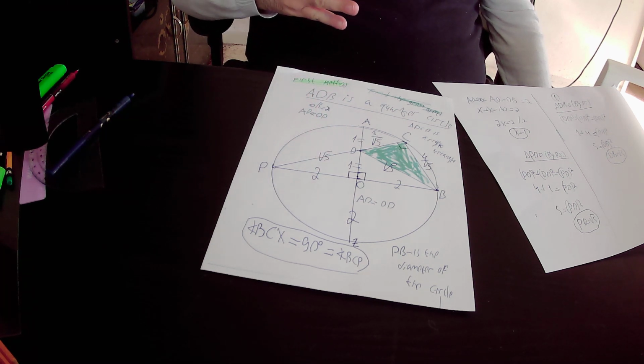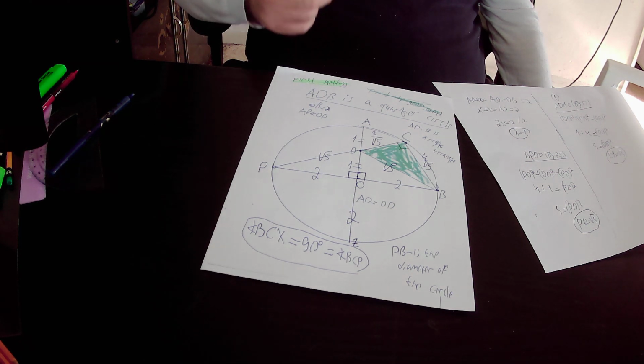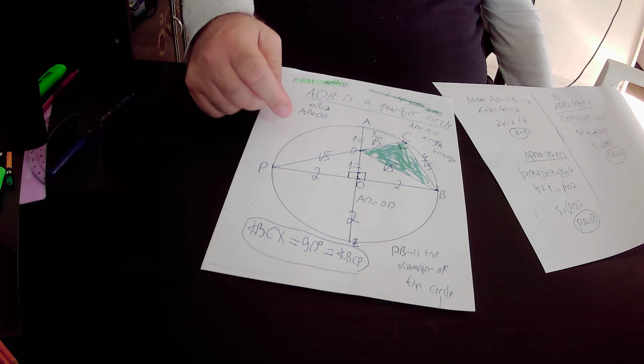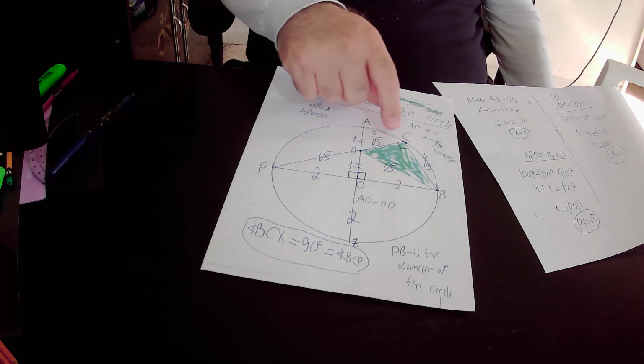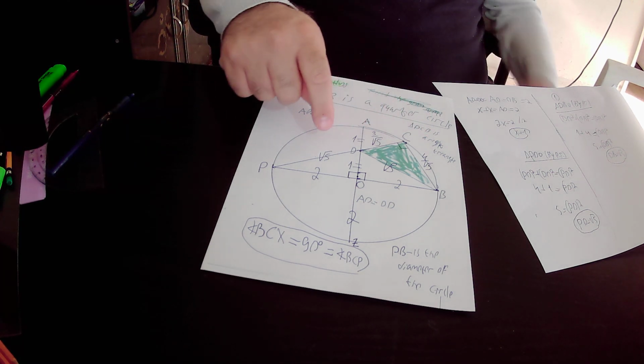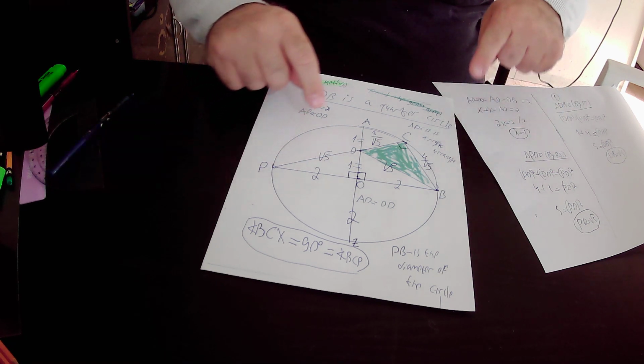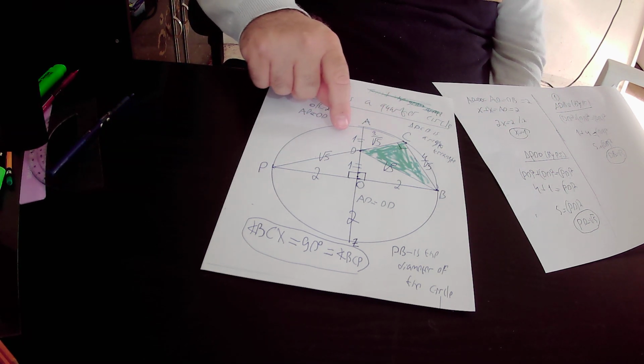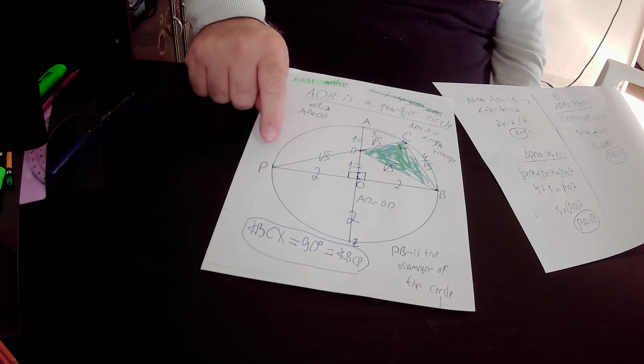But we have the rule that any peripheral angle that equals 90 degrees must rest on the diameter of the circle. That is to say, peripheral angle BCX that equals 90 degrees must rest on PB. That is to say, when you extend CD, it must touch point P.